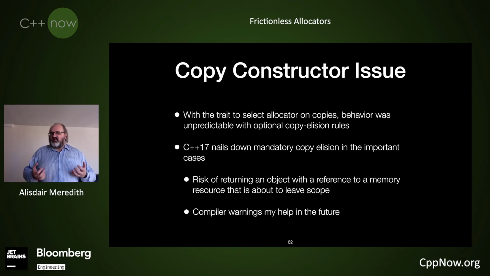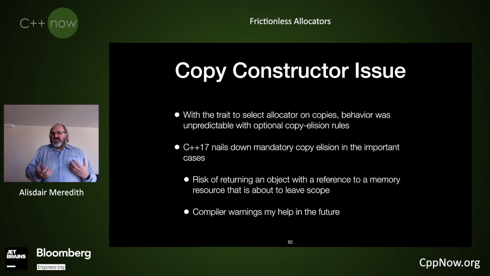If you're in a scoped allocator model, though, a copy where you haven't told it which allocator to use, because this could be happily propagating out into the broader world in a different context, should always follow the rule of, if I've not been told the allocator, use the default allocator. And that's what select_on_container_copy_construction is all about.